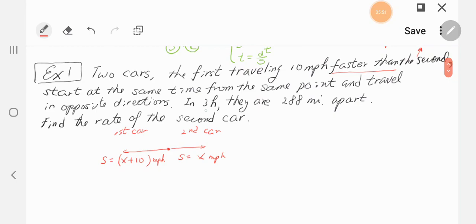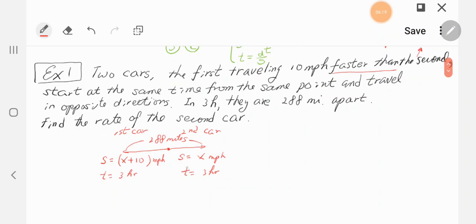And then in 3 hours. So after 3 hours, t is 3 hours. They started at the same time, so they traveled for 3 hours. And then they are 288 miles apart. So the total distance between these two cars is 288 miles. I'm just drawing a diagram based on the information. Can you see this?